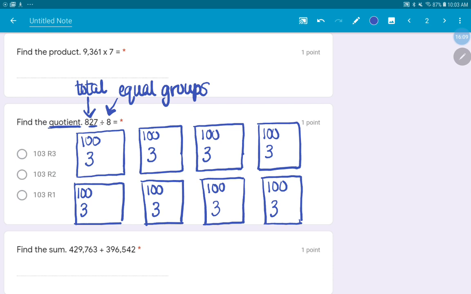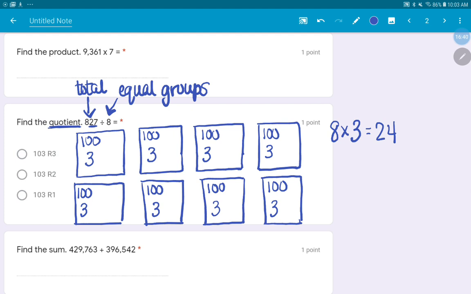Do you notice something about the number of groups that we have, which is 8, and 3 that we just put in each group? What is 8 times 3? 24. What did we just count when I counted by 3s? 3, 6, 9, 12, 15, 18, 21, 24.